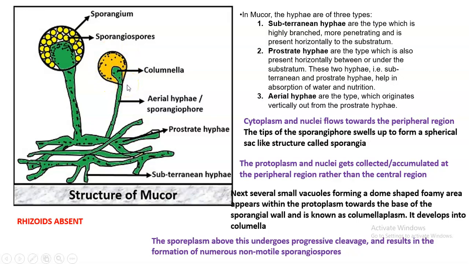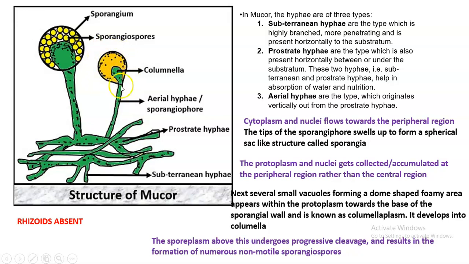When they ask a question about the structure of Zygomycota or the structure of Mucor, this is the way you have to write. The tip of the sporangiophore swells up to form a spherical sac-like structure called sporangium. Now the protoplasm and nuclei get accumulated at the peripheral region. As it is getting swollen, the cytoplasm and nuclei get collected at the peripheral region.